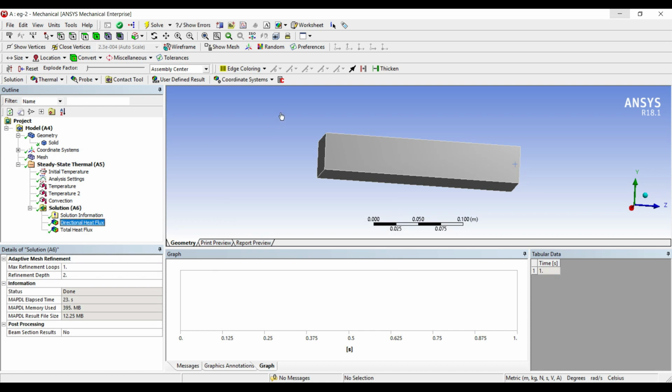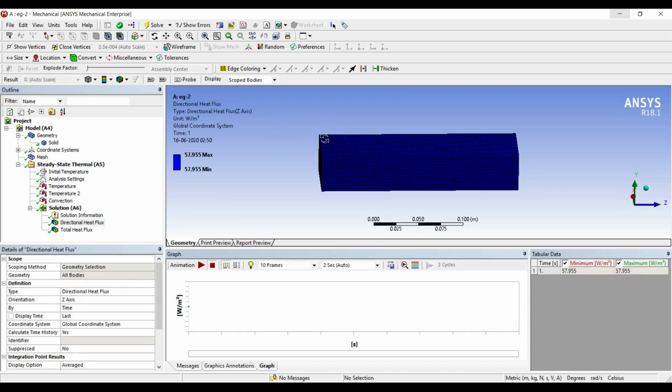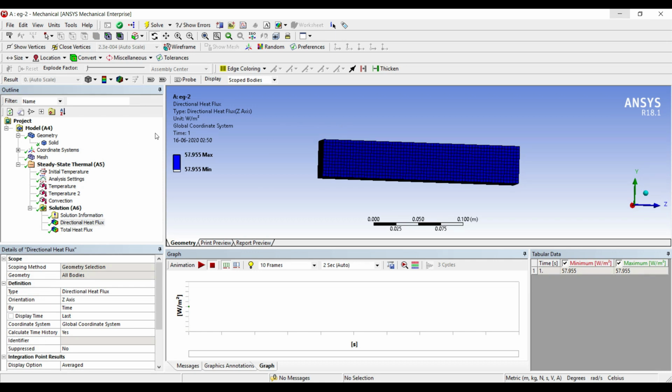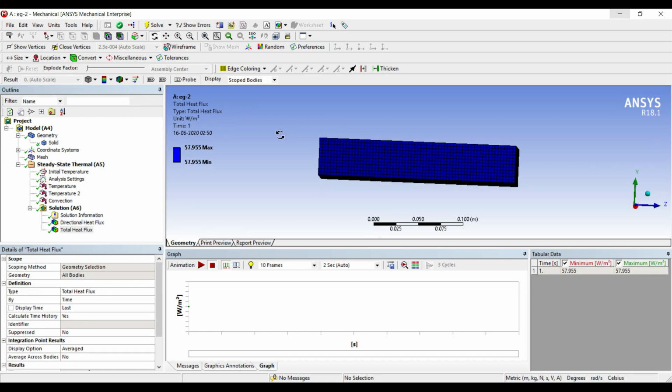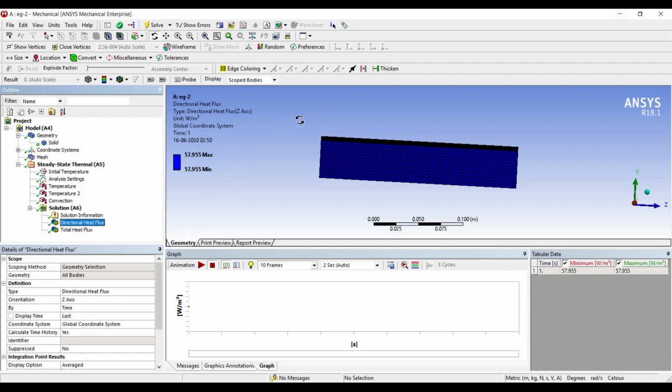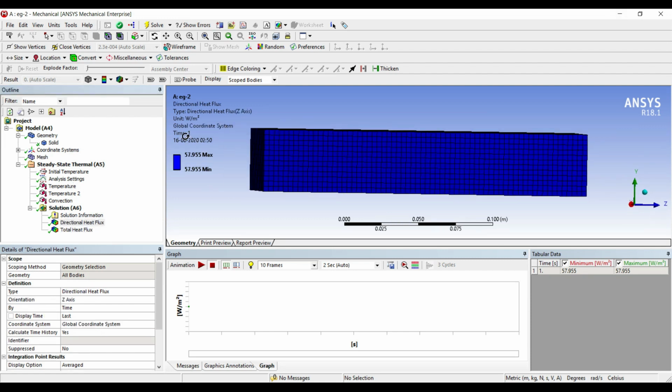I click on directional heat flux. So this is the value 57.955. This is the answer for heat flux, the value of q.